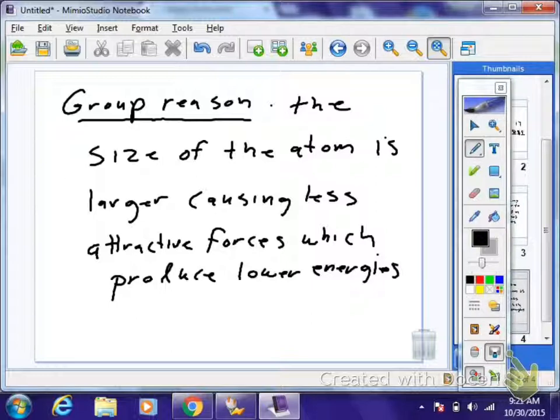Okay? So you got that definition written down, group and period trend written down. All we need to do is the reason for that, and I'm going to give you a little bit of explanation and model of this taking place.